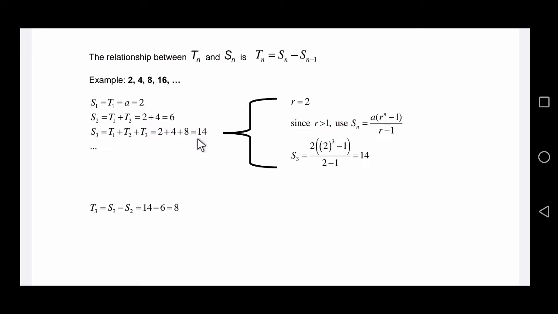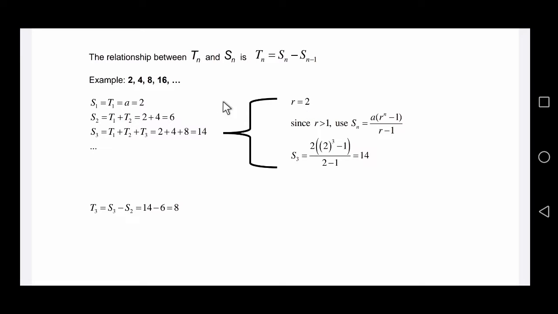But if you want to use the formula that we have discussed before, which is the formula to find the sum of the first n terms of a geometric sequence, we must have the value of the common ratio r, which you must know by now how to find. So r equals 2.